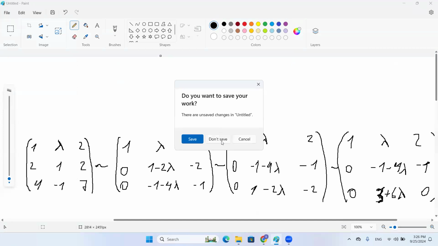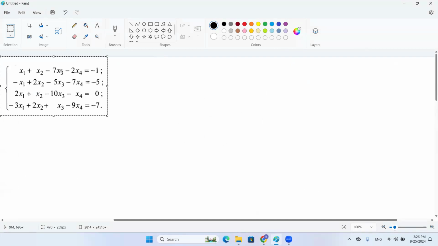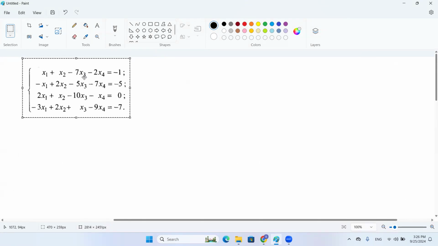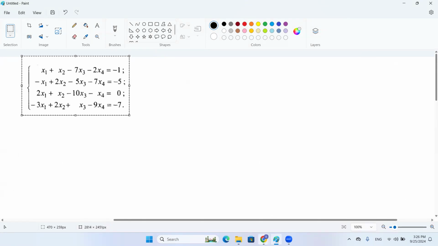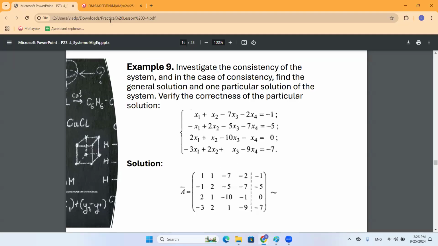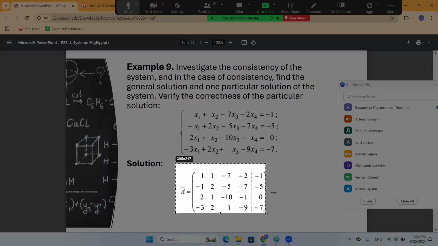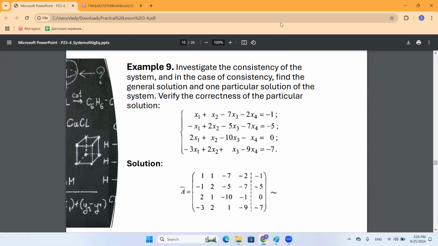It has a solution, non-trivial. So here is our system, and now let's copy and paste our matrix as well.